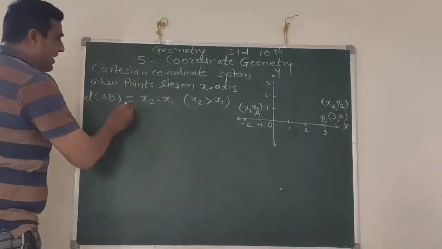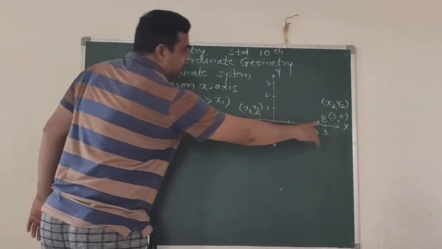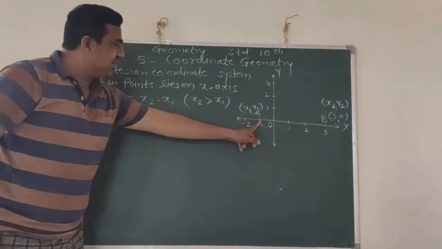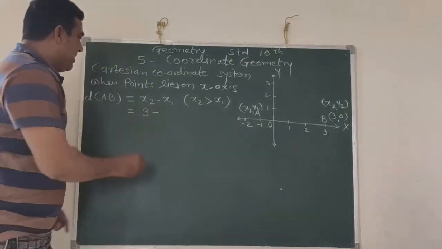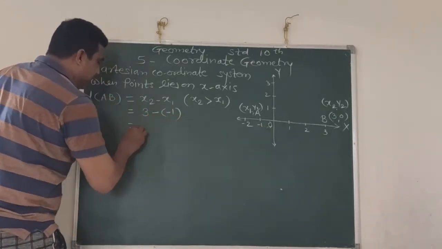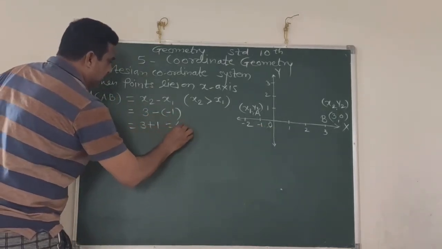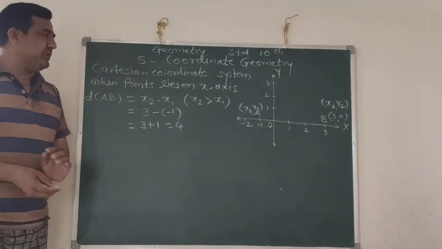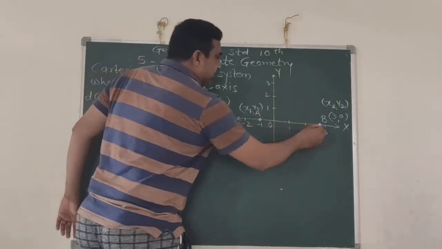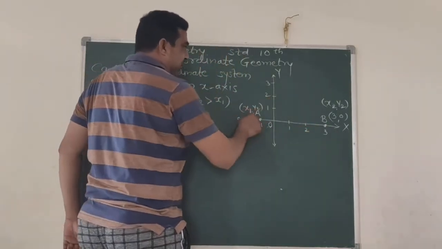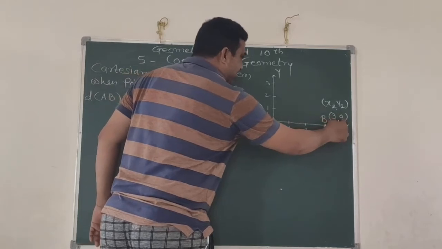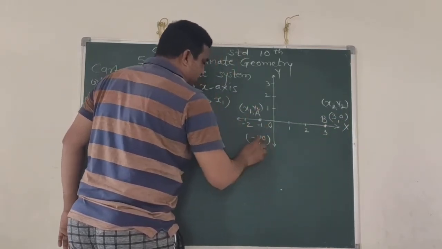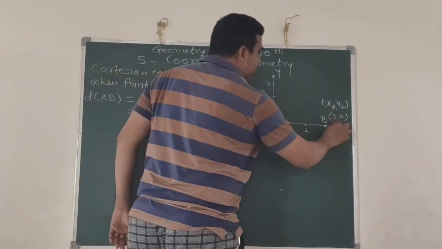If I put in the value of x2, that is 3, then minus x1, that is minus 1, so 3 plus 1, that is equal to 4. In this way, you find the distance between these two points, point A and point B. Coordinates x1, y1, x2, y2, that is x coordinate, y coordinate. So here I write minus 1, 0 as x1, y1, and 3, 0 as x2, y2.